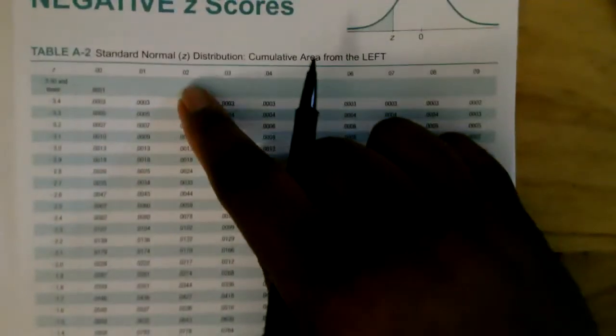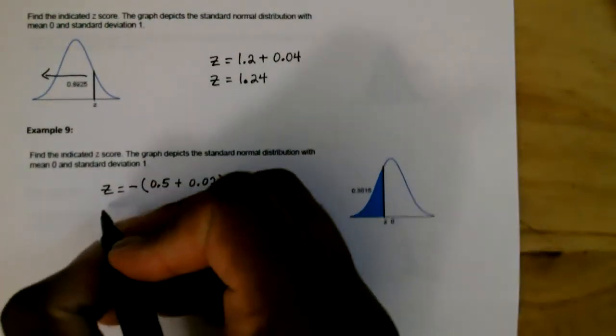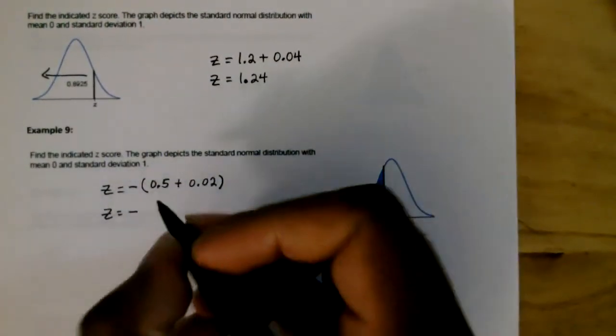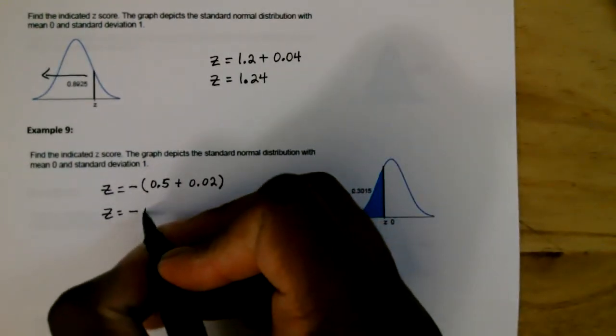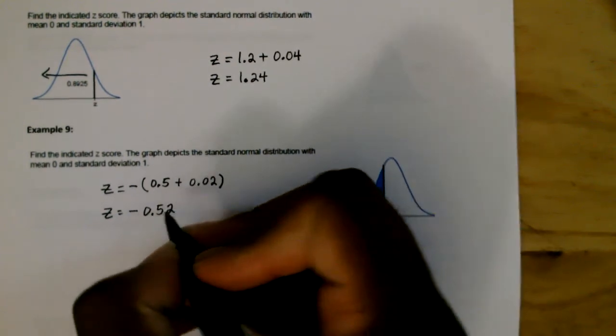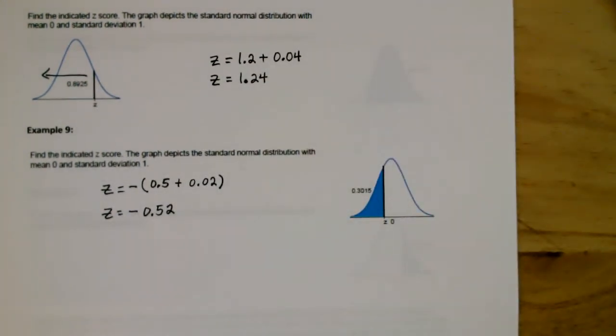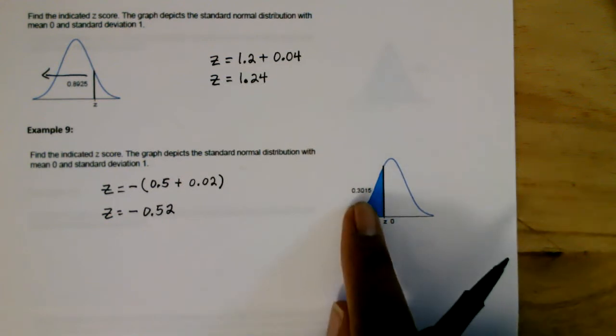I'll show you again. Here's 0.3015 right here. To the left of that is negative 0.5. The column that it is in is 0.02. So this would be negative 0.5, and then plus 0.02 would be negative 0.52. So negative 0.52 is the z value for 0.3015.